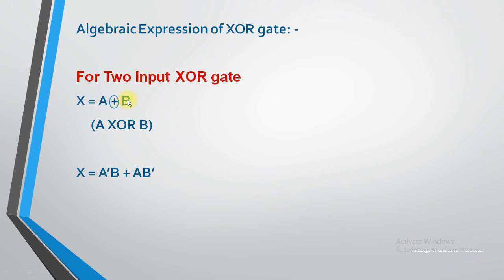A plus B. But over here we have exclusive OR, so we need to put a plus sign inside a circle, and we can read it as A XOR B. This is the first formula which represents the XOR gate. Now see, if you want to refer to the second formula of the XOR gate, then you need to remember that the XOR gate can also be represented by A dash B plus AB dash.